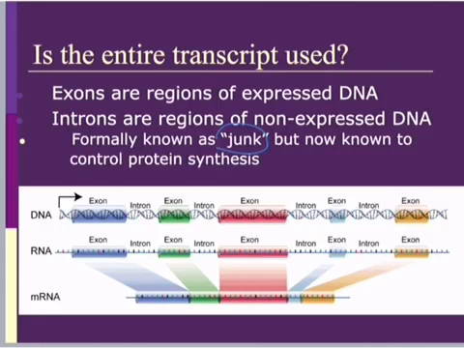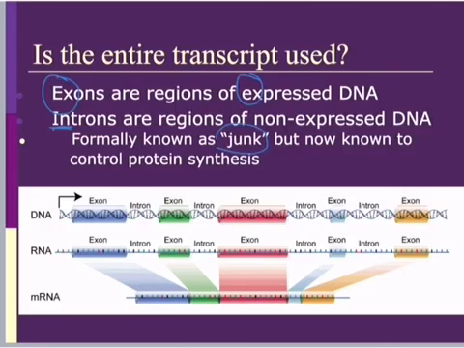It might be something that will be turned into one of those special new types of RNA. Instead of saying junk, now we refer to the DNA as either an exon or an intron. Exons will be expressed, so that's easy to remember. Exons will be expressed, and the introns will not be expressed. The introns will stay in the nucleus.